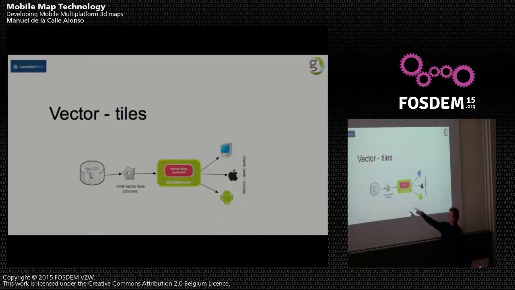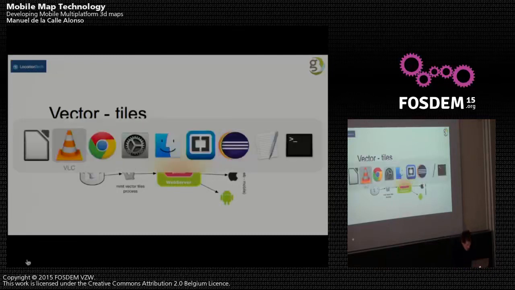We have a process. We make a pyramid of vector tiles, and you can serve these tiles on a normal web server. Like all the file formats are JSON, you can serve them on a normal web server.